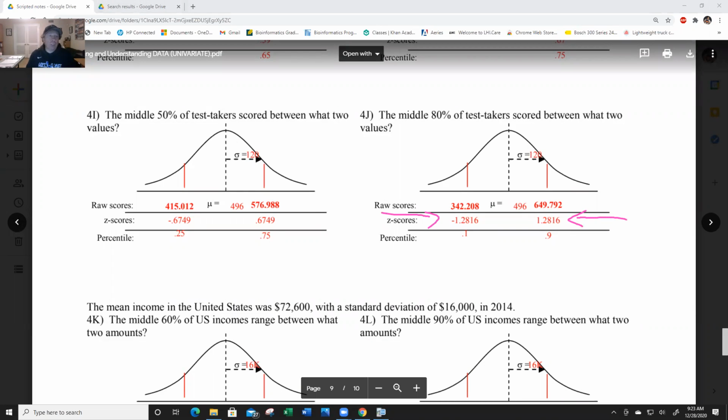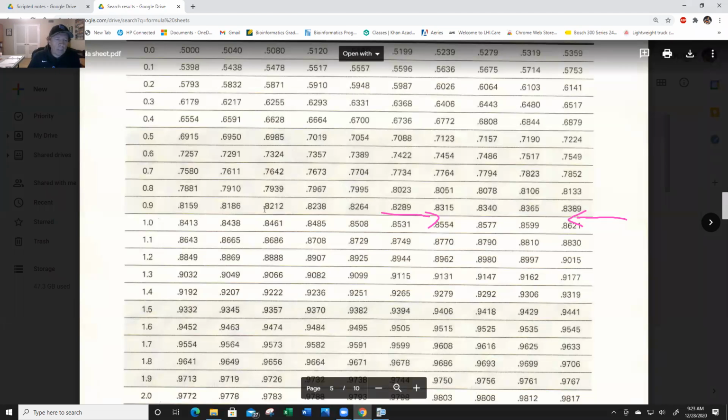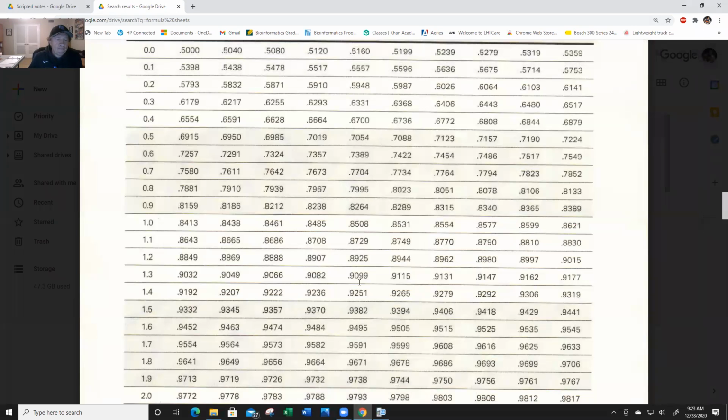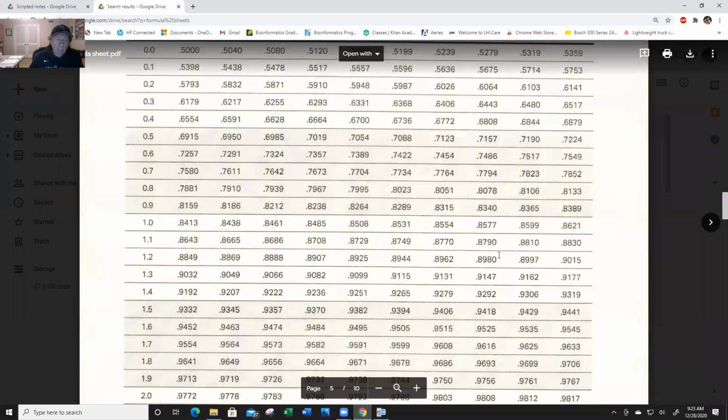Now, again, let me show you off the chart how that would work. Let's go to 90%, 0.9. We're going to look for the number that's closest to 90%, and I see one right here. To me this is harder, but right here, 0.8997 is 1.2 and then 8, so 1.28.